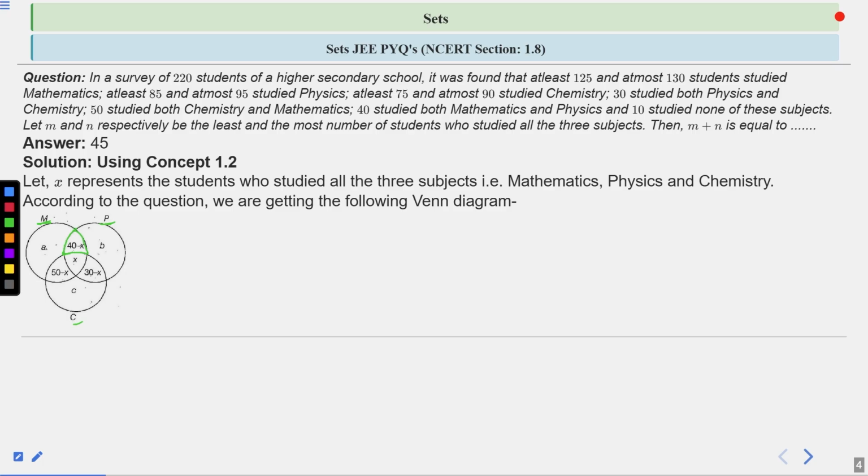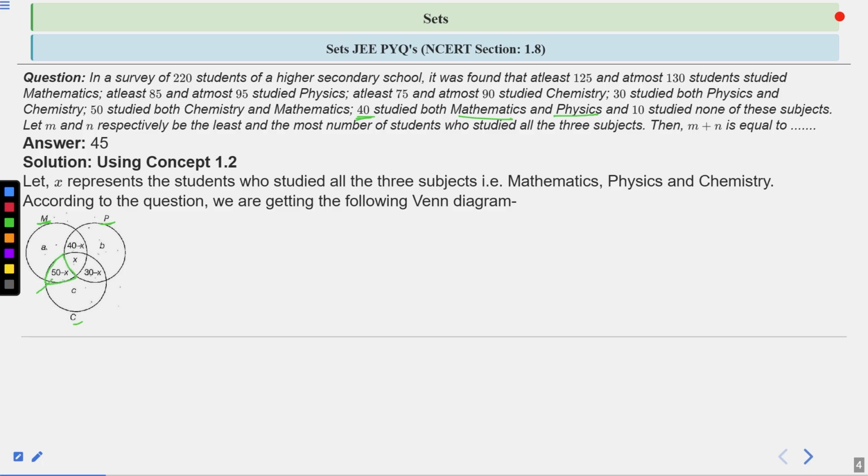Because in total, physics and math, how many students do we have? Simply from the question, yes, 40. So the students who have studied both physics as well as math lie in this particular region, which is represented by 40 minus x in terms of x. Clear?